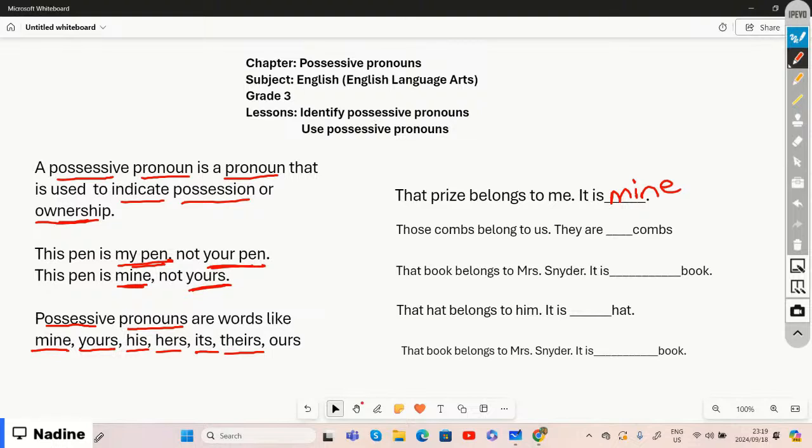So those combs belong to us. If something belongs to us, then who does it belong to? It belongs to us.